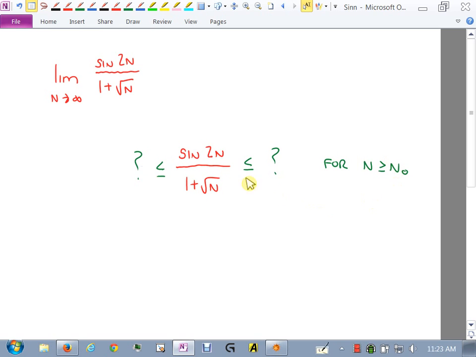I need to figure out what I can squeeze this between. Between 0 and pi, is that what you said? How are you coming up with 0 and pi?